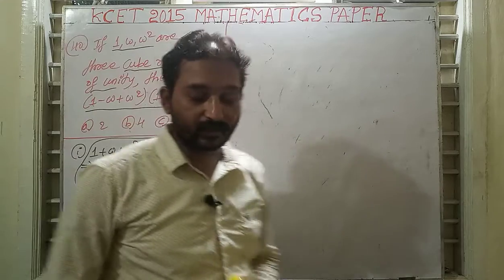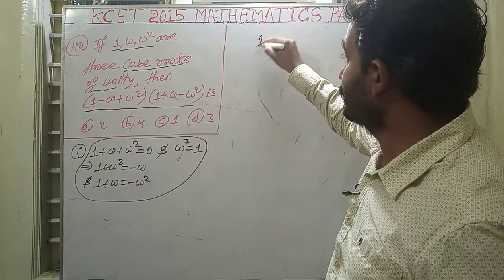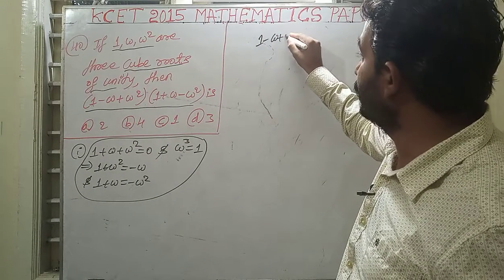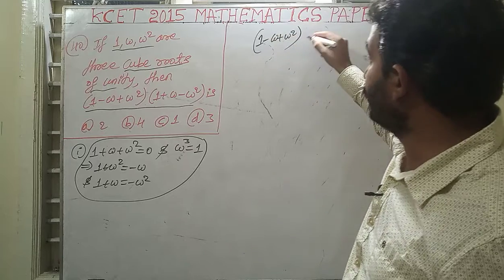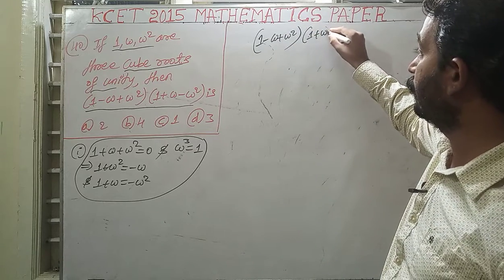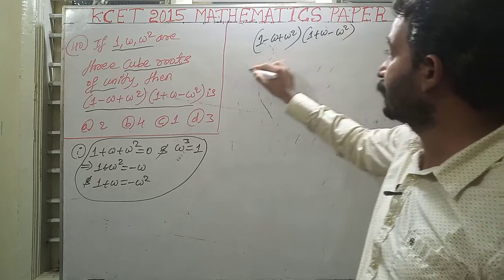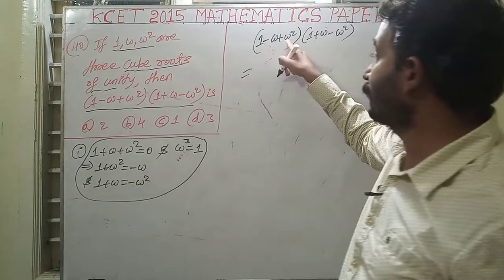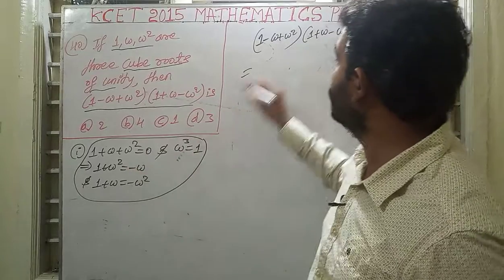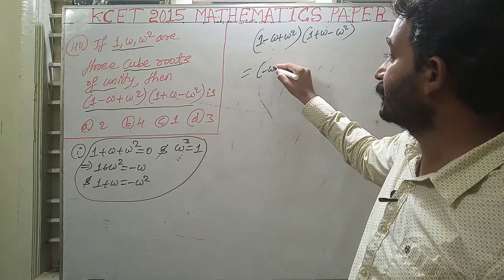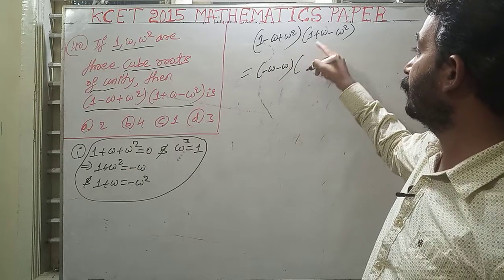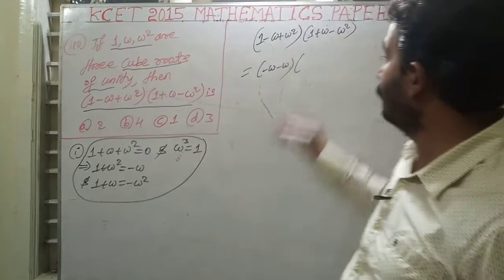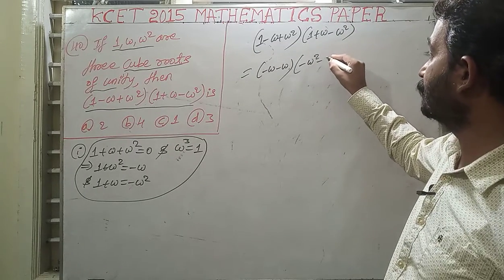So now let us take this quantity: 1 minus omega plus omega square into 1 plus omega minus omega square. So write down 1 minus omega, 1 plus omega square can be written as minus omega. Already minus omega is there, so minus omega into 1 plus omega minus omega square. Here also 1 plus omega is minus omega square.